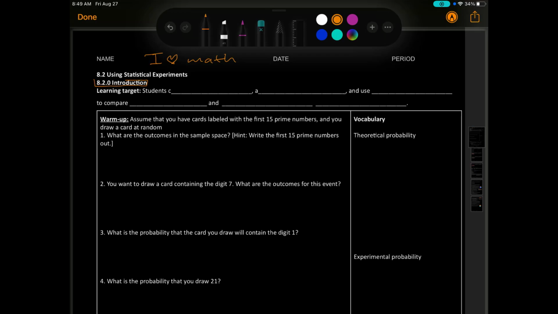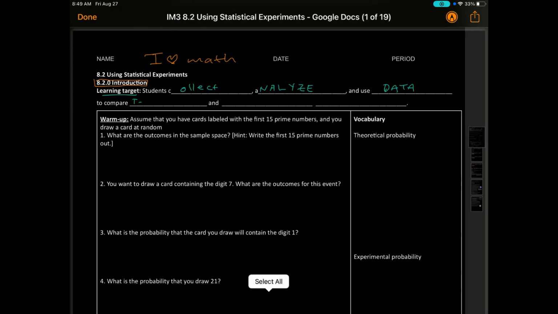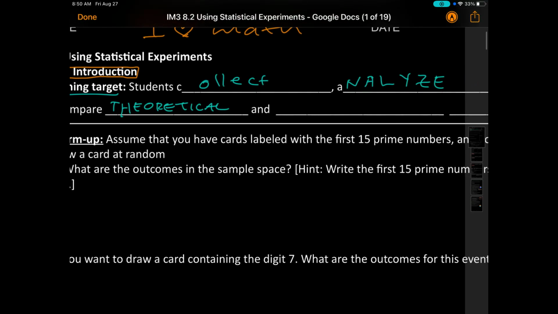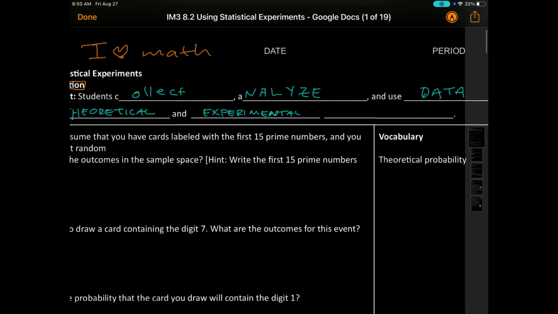In the 8.2 introduction here, we have a learning target: students will be able to collect, analyze, and use data, information, to compare theoretical and experimental probabilities.